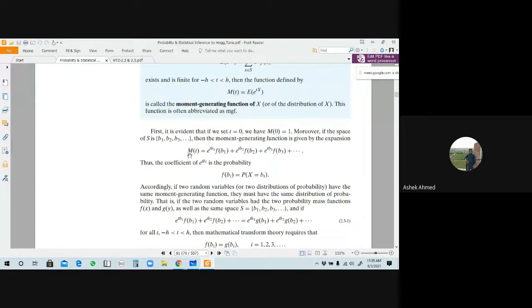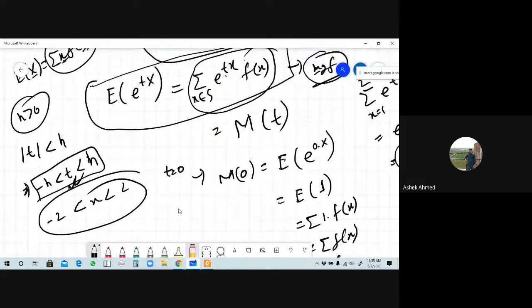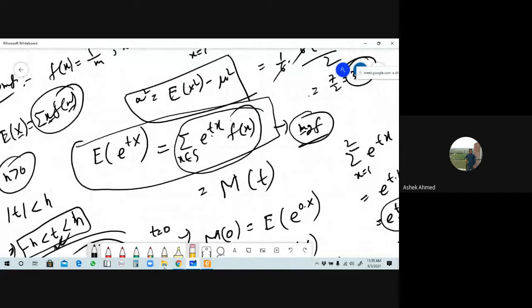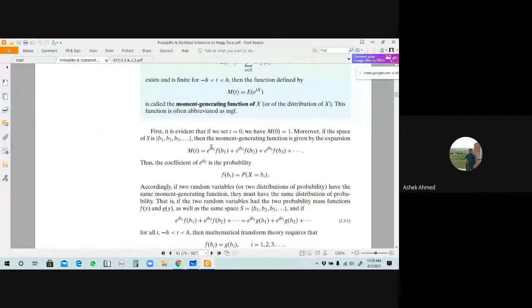Since m is the moment generating function, m of t equals e to the power t b1 into f of b1, if x is b1, and e to the power t b2 if x is b2, since our main formula of the moment generating function was summation of e to the power tx into f of x. We can express this summation in this series form, where x takes the values b1, b2, up to and so on.